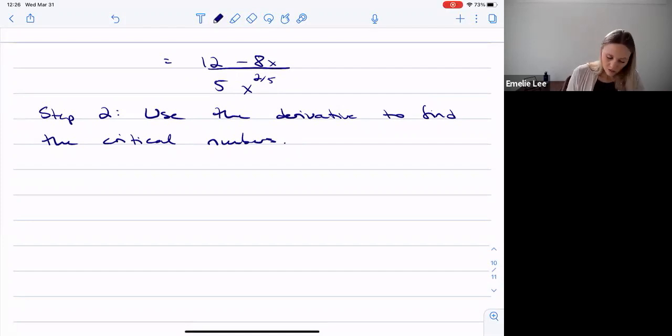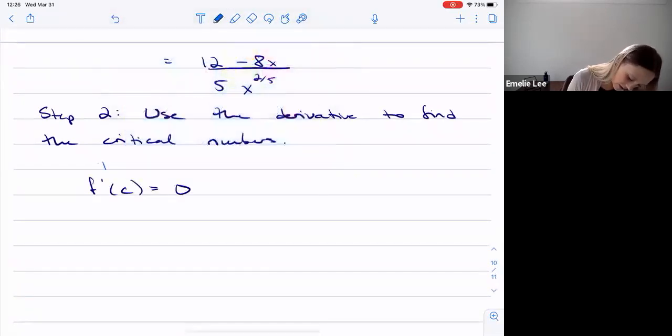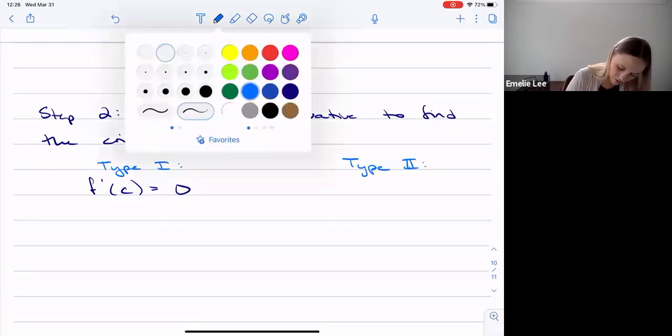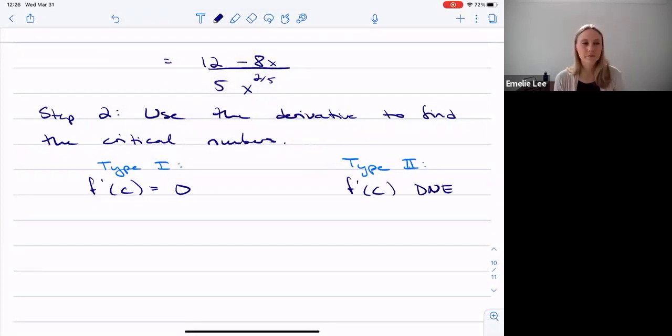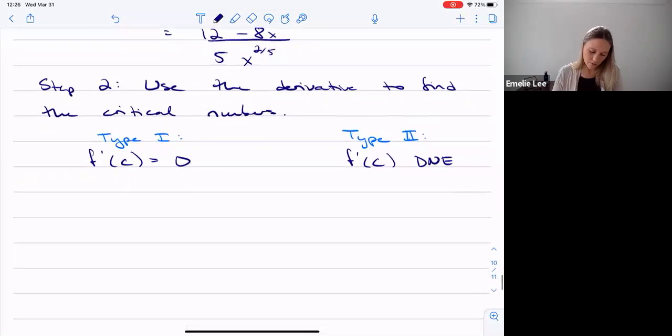So here, f prime at c equals 0, right? You can call this type 1 if you want to. And then on the other side of the page, I'll have type 2, where we need to identify where the derivative does not exist. I'm going to do these side by side just so we don't have to scroll around so much.